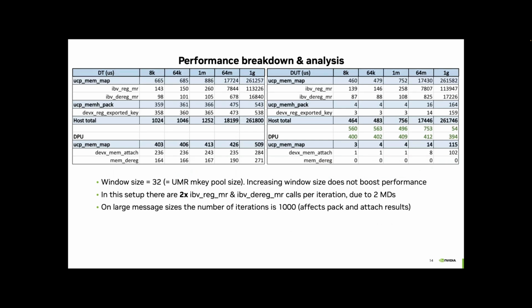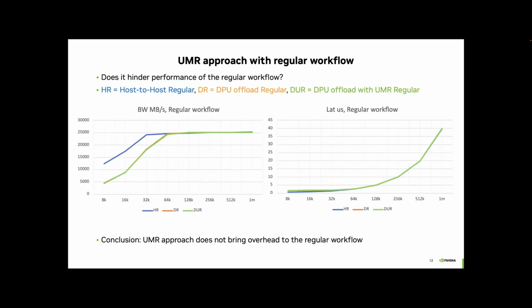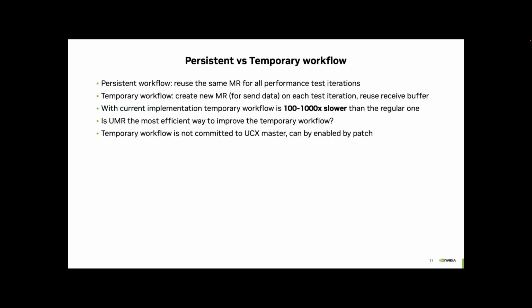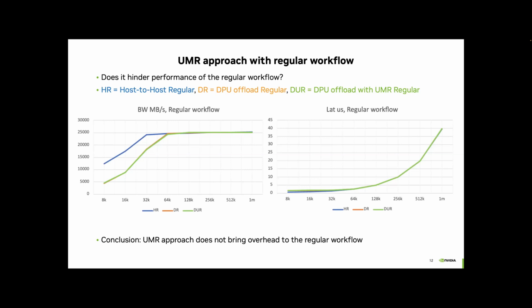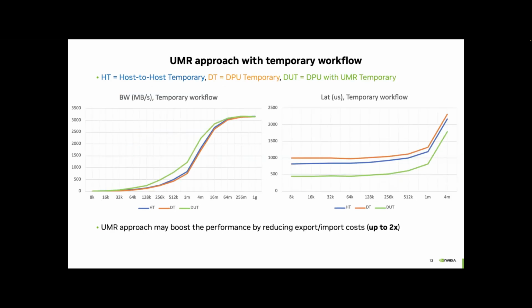Yeah, one quick question. The temporary workflow. In the temporary workflow, is it the case that for each iteration, you just end up releasing the host buffers, like calling free? The next slide, actually, when you were showing the graphs, where you showed that host to host was actually slower than the DPU case. Yeah, here.